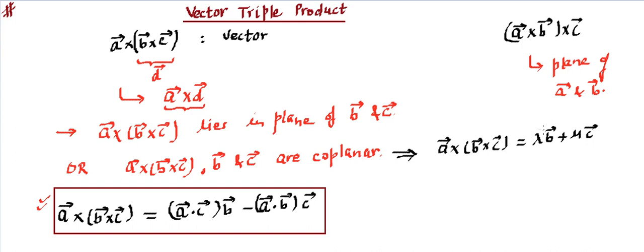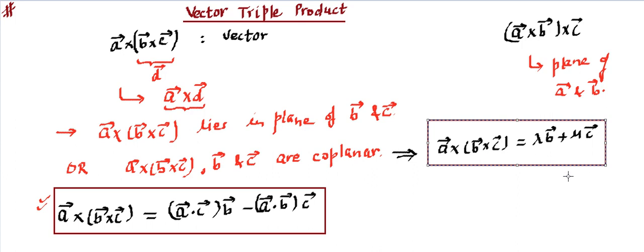So that's also going to be useful in many calculations in future. If somebody says three vectors are coplanar, that means we can write a vector as a linear combination of the other two vectors. Linear combination means we write those vectors and multiply by some constants.